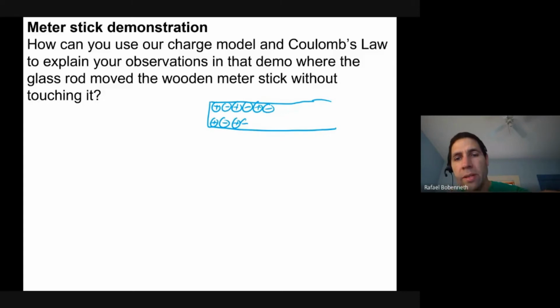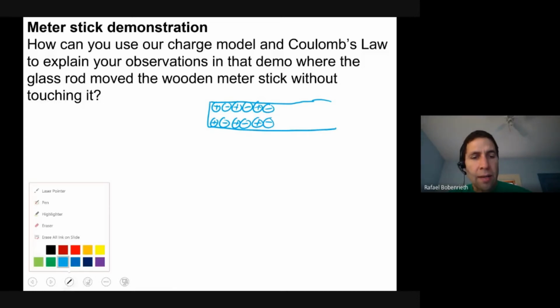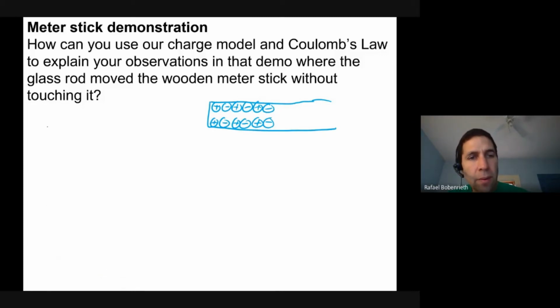You can think of the meter stick as starting out this way. And then I take that rod, and what did I do with the plexiglass rod? The first thing, pretty much before every demonstration, is I rubbed it with that cloth, right? And rubbing it with the cloth gives it excess electrons.